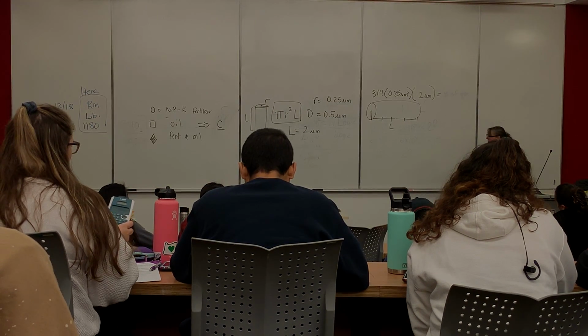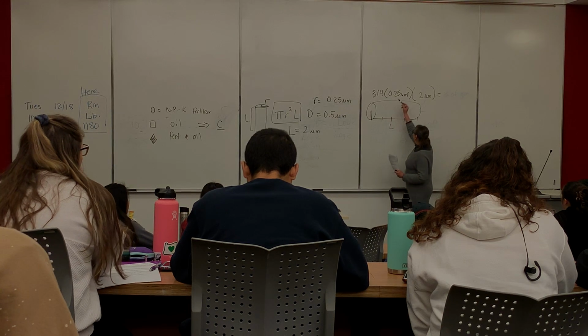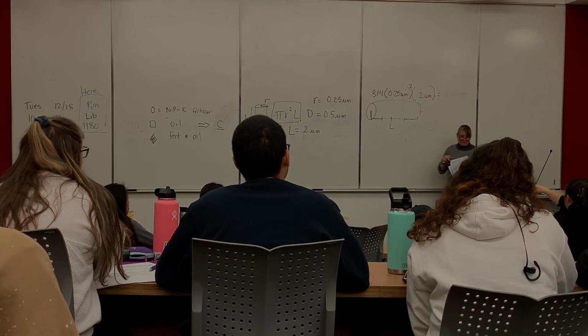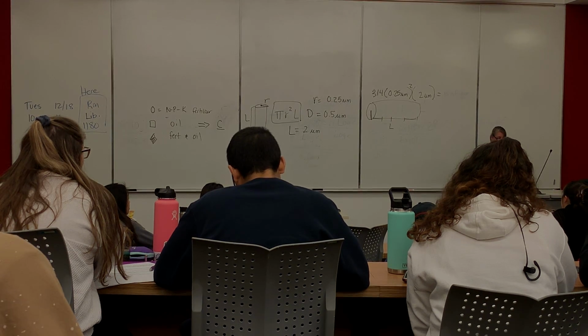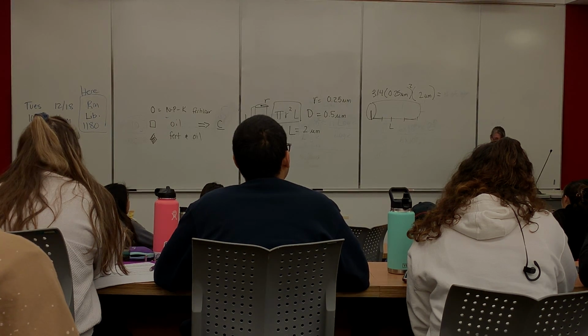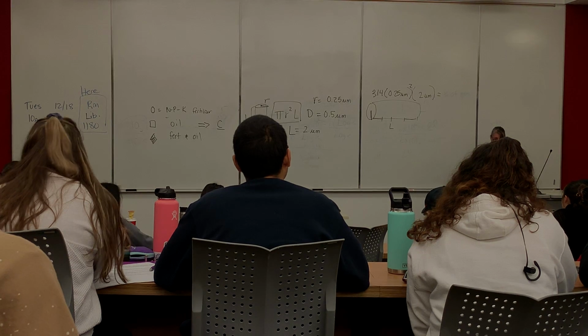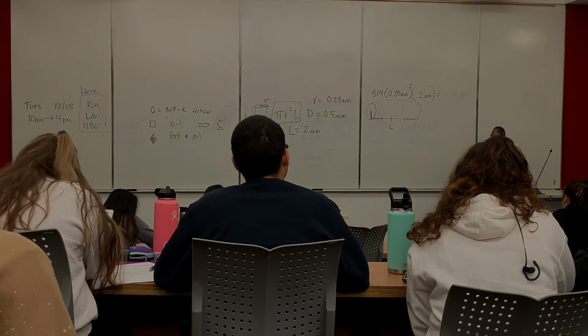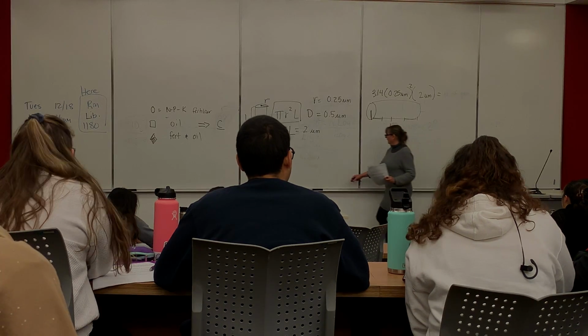What do you think, Troy? So this is pi, put the square up there. 0.25 times 0.25 times 0.2. You could write it out.